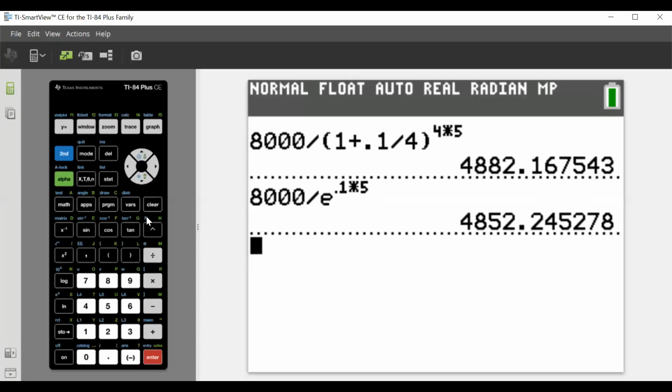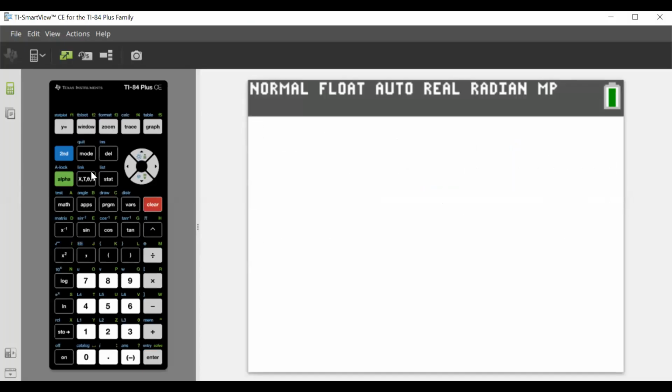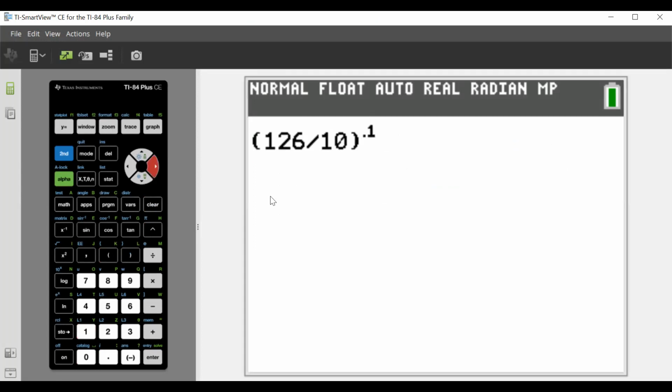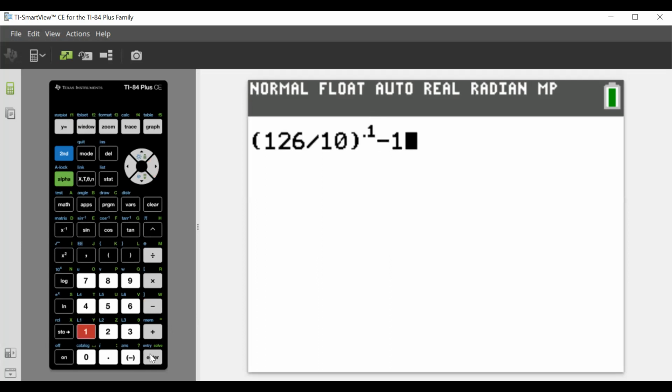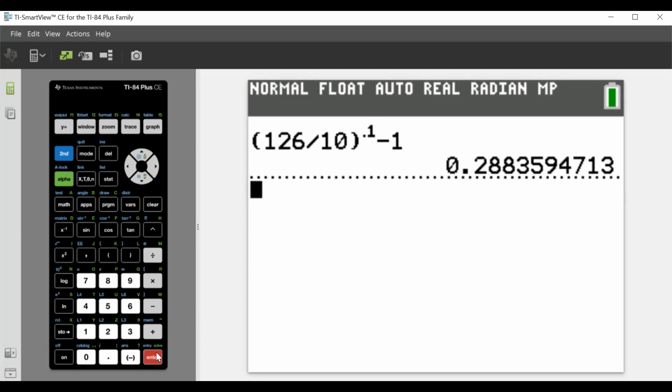And so over here, let's clear this off. So we're going to have to take the 126, oops, better put parentheses here, 126 divided by 10 raised to the power of 0.1 or 1/10. Now remember, arrow down here, or you're going to have an issue, and then minus 1. And so it looks like we have 0.28836.